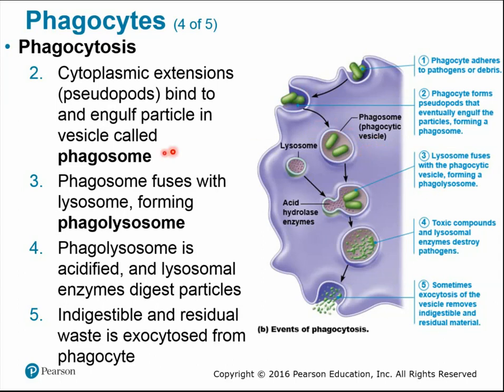Remember, lysosomes are our digestive organelles. They have lots of digestive enzymes, so they're kind of like the stomach of the cell. So now a lysosome is going to fuse with this phagosome. So now it's exposed to those digestive enzymes. Right? So we can start to digest the cell and destroy the pathogen. Any leftover residual or indigestible waste is just going to be expelled through exocytosis.